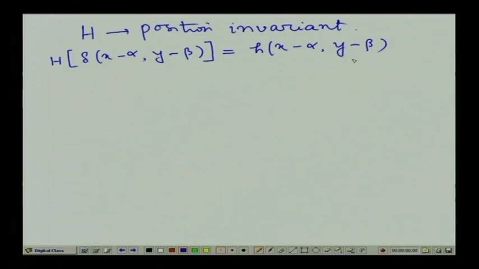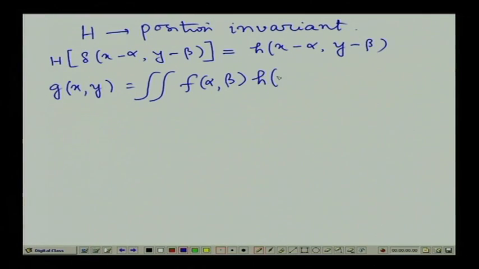This is as per the definition of position invariance of a system. Using this property, we can write g(x, y), that is the degraded image, as simply the double integral of f(alpha, beta) into h(x minus alpha, y minus beta) d alpha d beta, taking the integral from minus infinity to infinity.